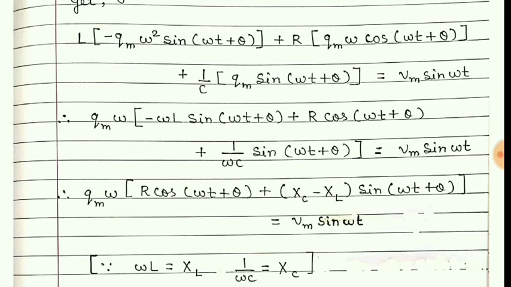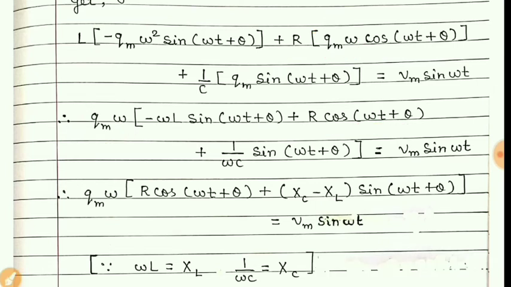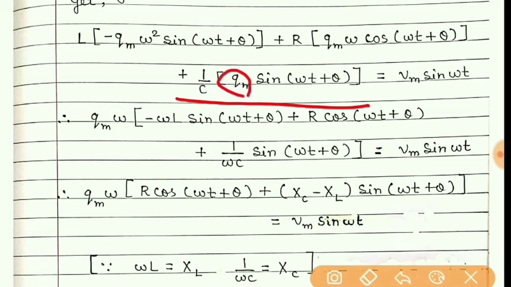Then in the second term, when this q and omega is taken out, what remains? R cos omega t plus theta, and so it is this. And finally in this term, when q and omega is taken out, what remains?